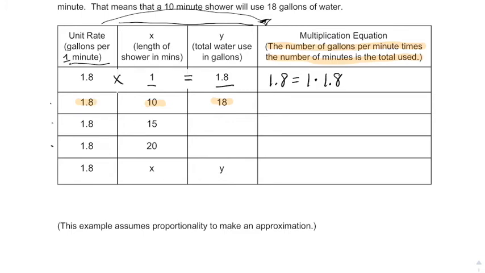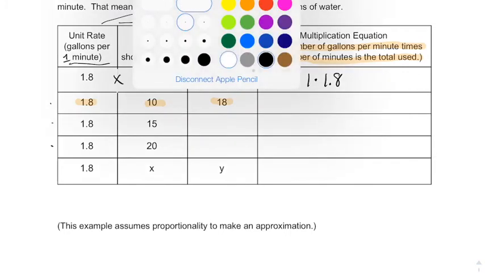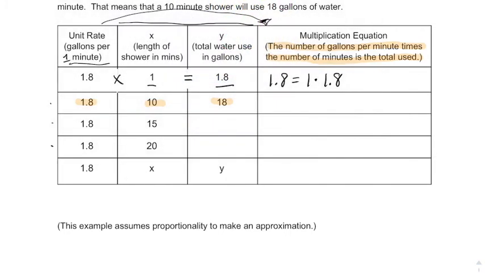And I assume you paused it, you worked on it, you tried, maybe you got it, maybe you didn't. It's the same thing that we saw in the one before, and it tells us here the number of gallons per minute times the number of minutes is the total amount used. I'm just going to go ahead and get rid of these.